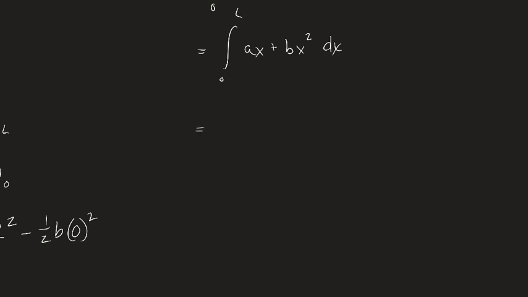So, ax is ax to the 1. That will be ax to the 2 divided by 2. And bx squared integrates the same way. Add 1 to the exponent, divide by the new exponent, and then I need to evaluate this from 0 to L.